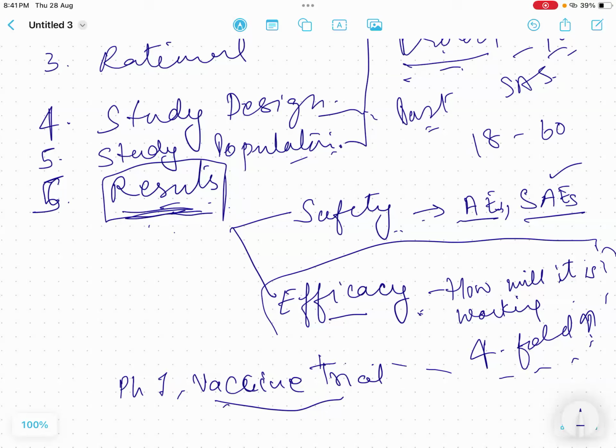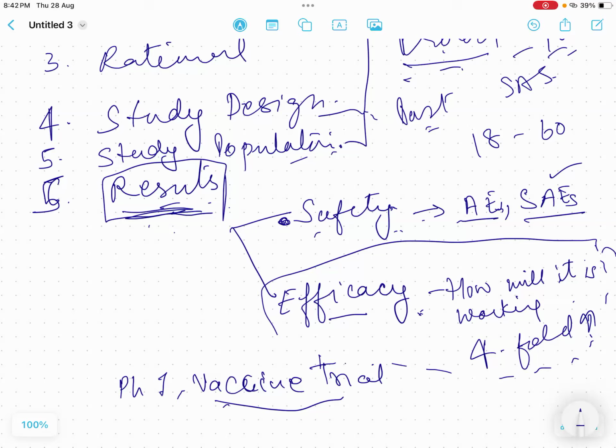Maybe this report has gone to a senior doctor, like Dr. Gagandeep. She's a very senior review member of the DCGI, very popular, right? She will definitely be focusing a lot on safety. Correct? So depending on which team member is reviewing it, that person will directly go to that section and review it. That is the purpose of building it this way.